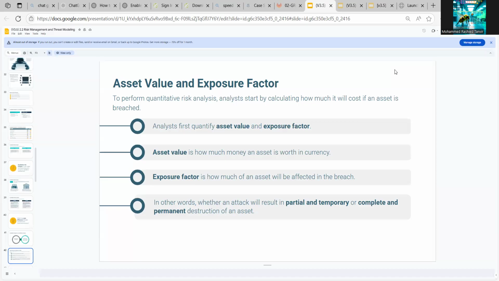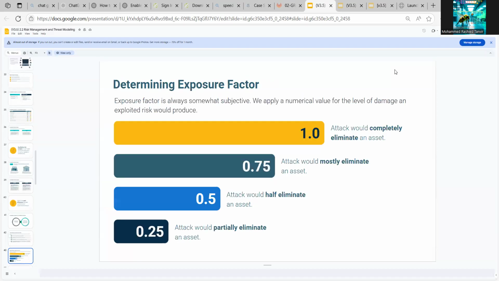Mostly eliminated means 0.75. Half eliminated means 0.5. Partially eliminated means 0.25. Not affected means 0.0. This is the exposure factor of the asset's ability to function.